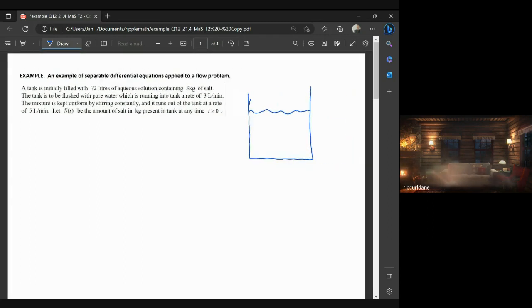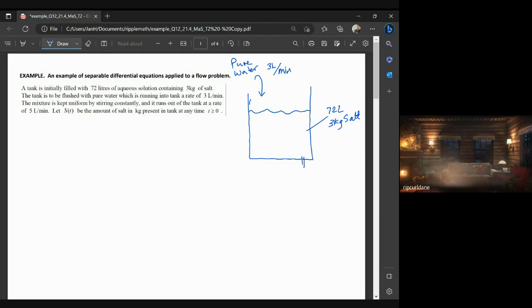So there's 72 liters initially with 3 kilograms of salt. The tank is to be flushed with pure water, which is running into the tank at 3 liters per minute. So that's pure water, which means there's zero concentration of salt going in.